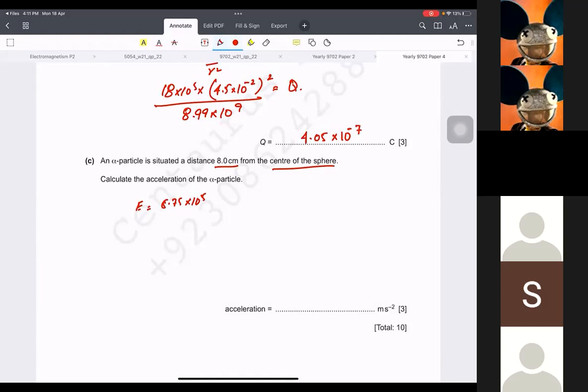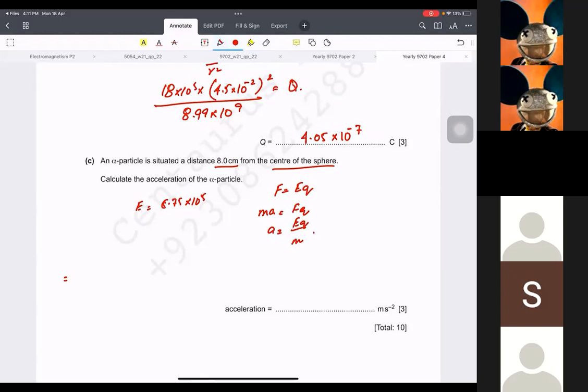So what we need is acceleration. F equals EQ, MA equals EQ, so A equals EQ over M. Do we have the force? We don't have the force. Sorry, this is EQ.